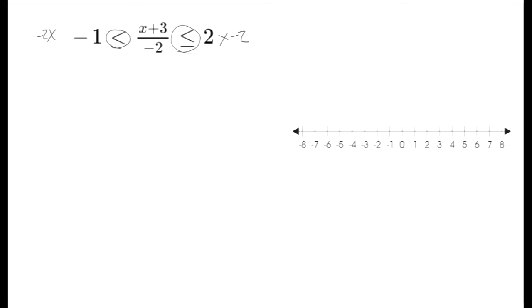So I'm going to get positive 2 on this side is greater than x plus 3, which is greater than or equal to negative 4. Okay, notice how the negatives have switched from the left to the right. Well, I can rewrite this again, and I can put it back into its place, like so.